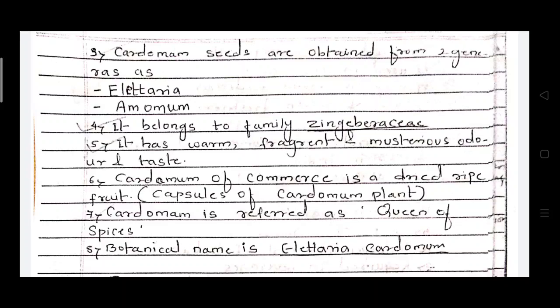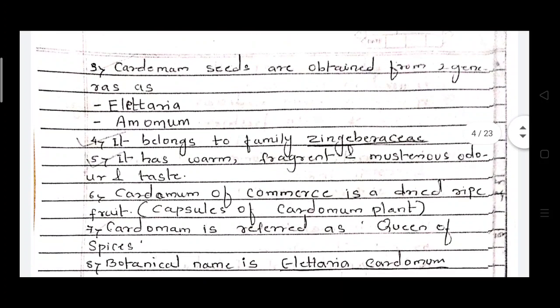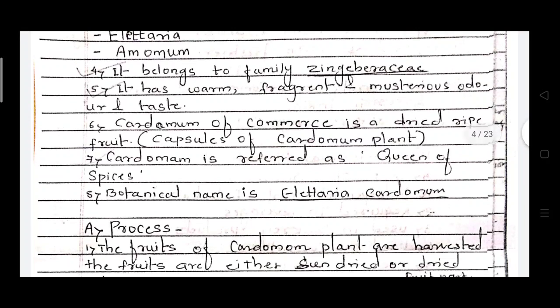The fragrance of this cardamom is warm and mysterious. That's why they are used for different purposes. The genera Elettaria as well as Amomum, these two genera are used for obtaining the cardamom.